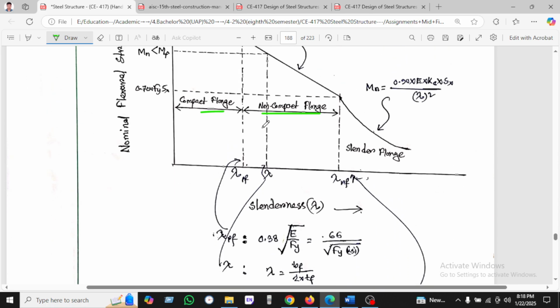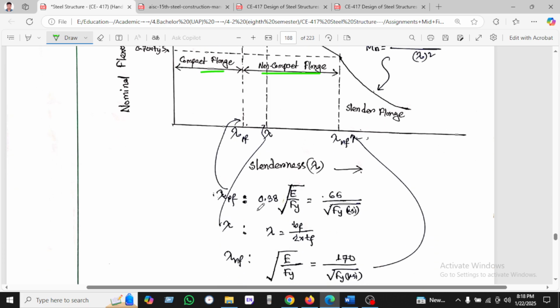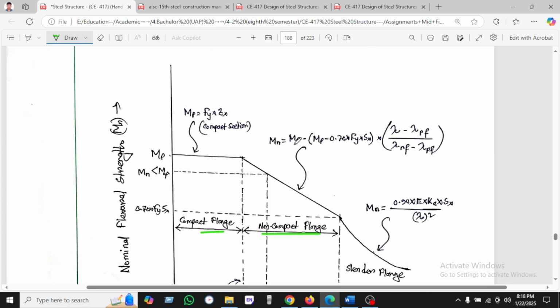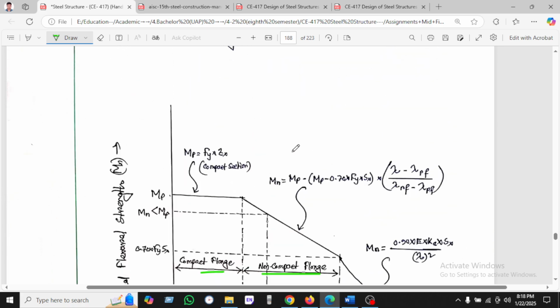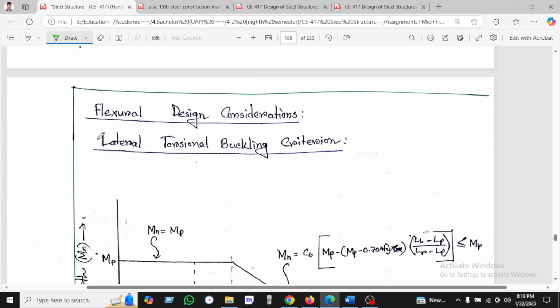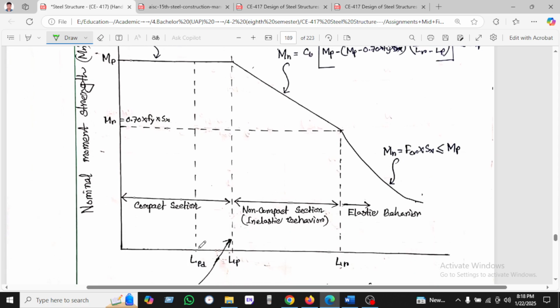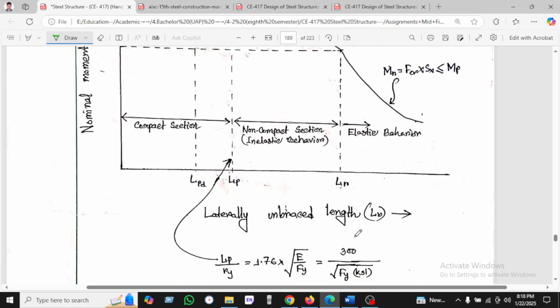We can find the slenderness ratio by using this formula, and Mp we can find using this type of formula. Okay, so flexural design consideration: lateral torsional buckling. Here the nominal strength is on the y-axis and the lateral unbraced length, Lp and Lr, on the x-axis.